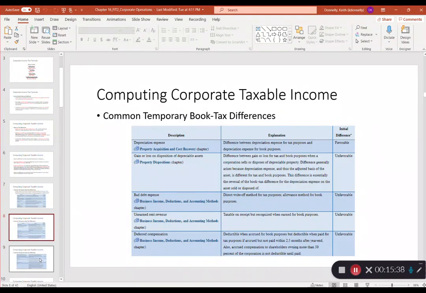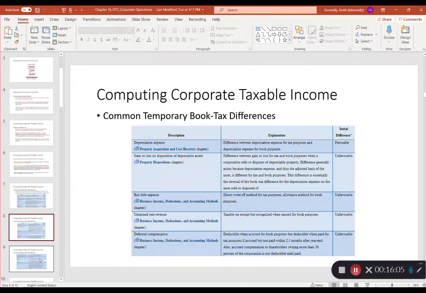Depreciation expense, so this is like what I talked about with maybe bonus or 179, how you could have a bigger depreciation expense initially on your tax return, but it will reverse over time. And likewise, if you remember your tax adjusted basis, it's really just your cost minus your accumulated depreciation.